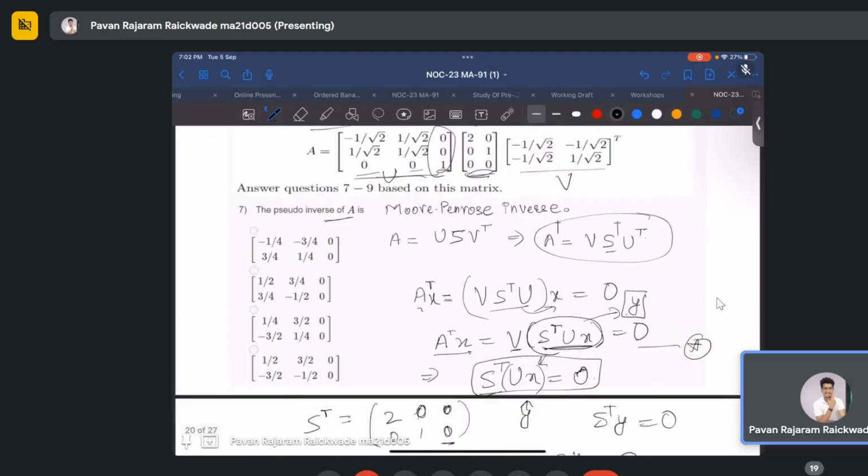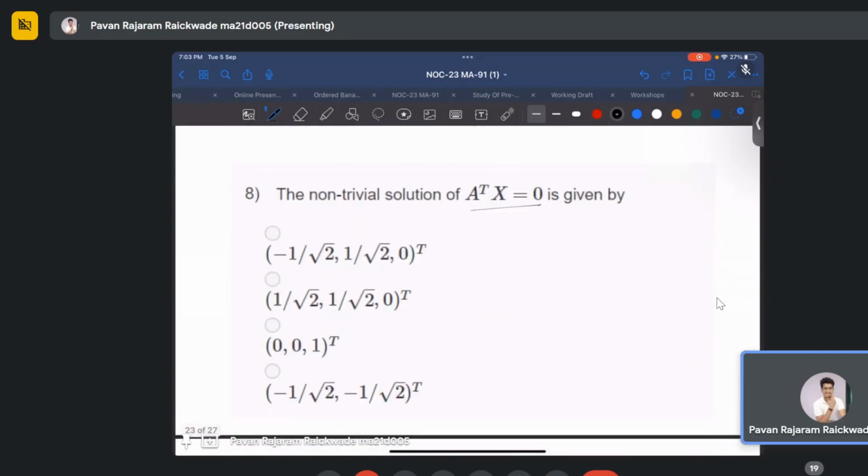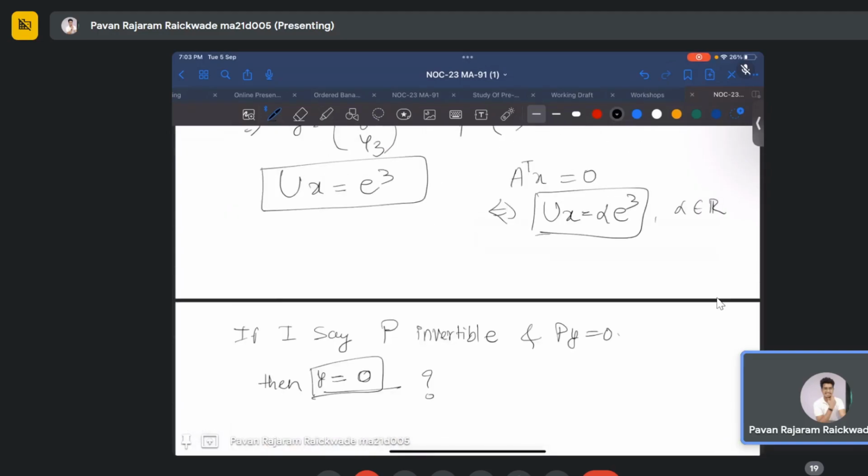Hence the only non-trivial solution for A transpose X equals 0 is E3, which is your option number 3. I hope this is clear, but if not, you can go through the things that I said, or just solve this equation Ux equals E3 and you're done.